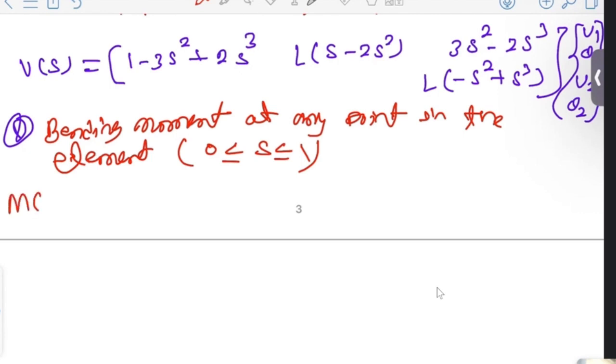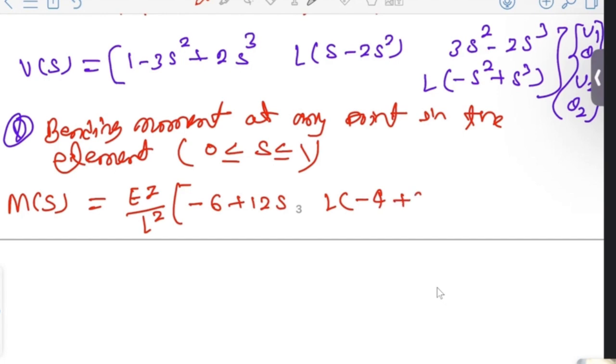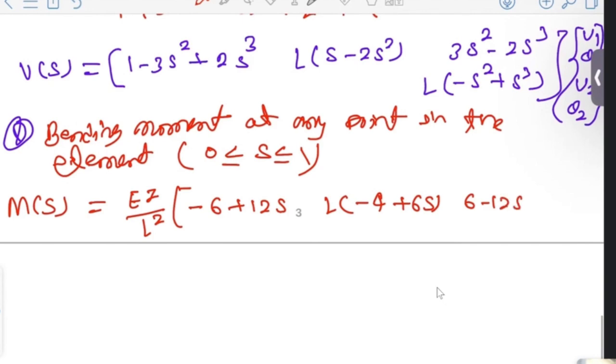M equal to EI, directly I am writing the formula, you can derive if you want. EI times minus 6 plus 12s, then L times minus 4 plus 6s, then 6 minus 12s, then L times minus 2 plus 6s, multiplied by nodal displacement v1, theta 1, v2, theta 2. This is in matrix form.